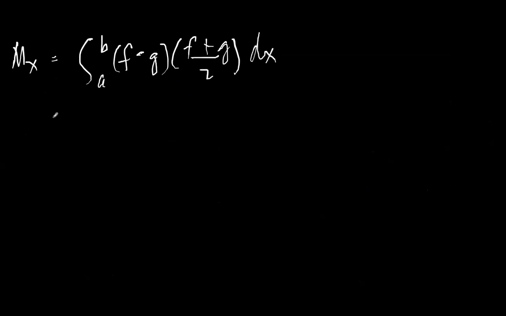The moment about the x-axis is equal to the integral from a to b of f minus g times f plus g over 2 dx. Or actually, we can simplify this to 1/2 times the integral of f squared minus g squared dx, from a to b. You can do this if you want. Whichever method you use, you'll get the same answer.